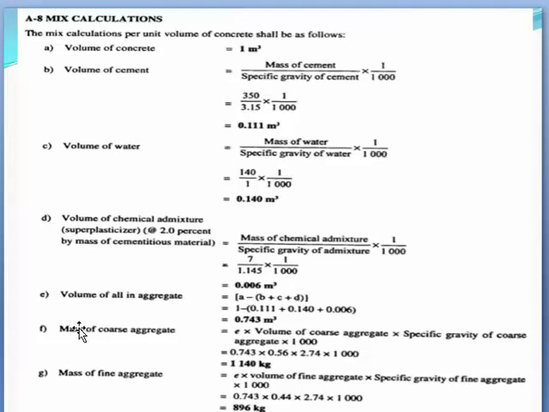Now volume of all-in aggregate will be calculated in the same manner which we have discussed earlier. So it will be 0.743 meter cube.